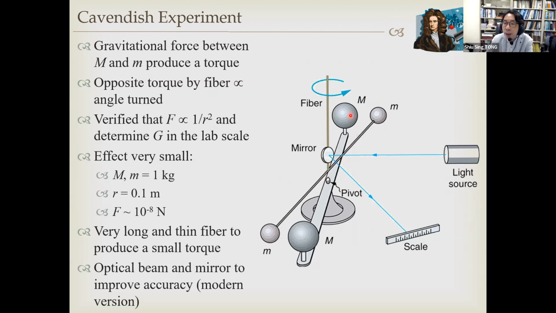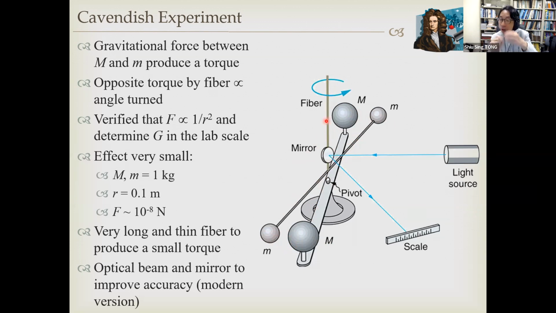Now you can see the big M and the small m on this side, because they are placed very close together, they attract each other. So the beam, the rod here, will be twisted by the gravitational force, because the gravitational force produces a torque to twist the fiber.